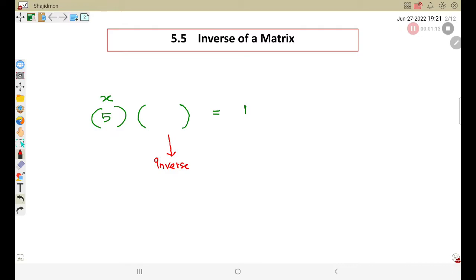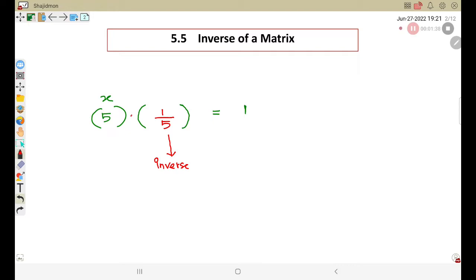What is the number here we are getting? For example, when we are multiplying with 1 over 5, 5 multiplied by 1 over 5, the answer is equal to 1, correct? Because 5 and 5 we can cancel, so the answer is 1. So this number 1 over 5 we are calling the inverse of the number 5. This is the basic idea of the multiplicative inverse of a number.